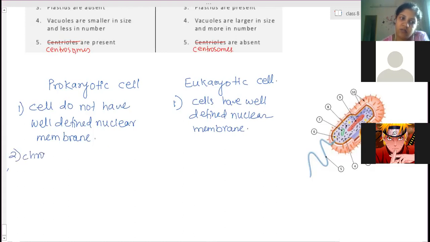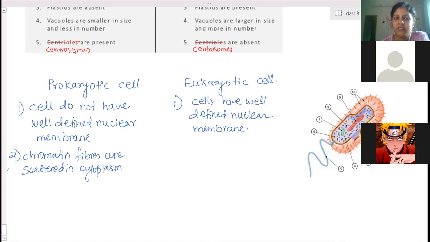In the prokaryotic cell, chromatin fibers are scattered in the cytoplasm. All the material present inside the nucleus is scattered in the cytoplasm, which is called the nucleoid. We don't call it a nucleus, we call it a nucleoid.